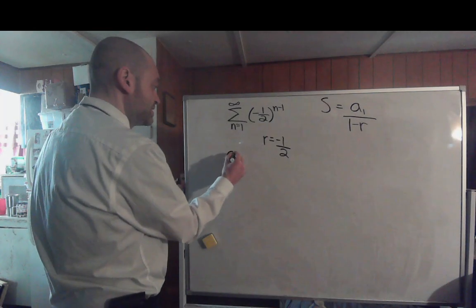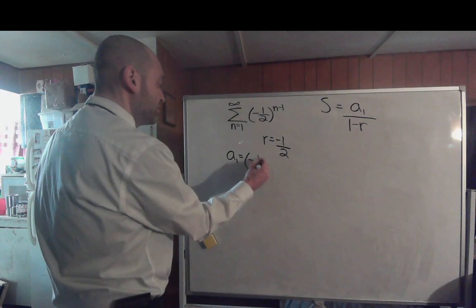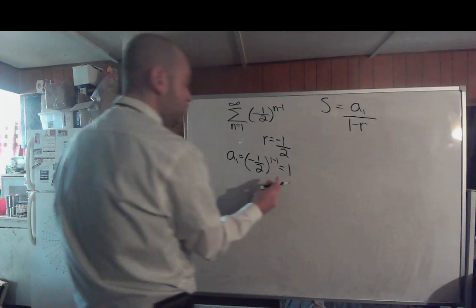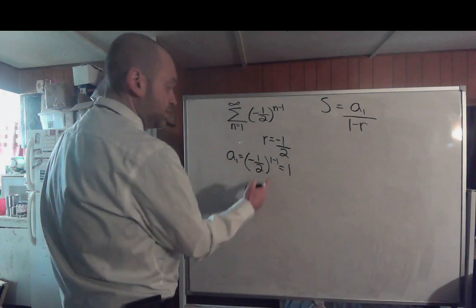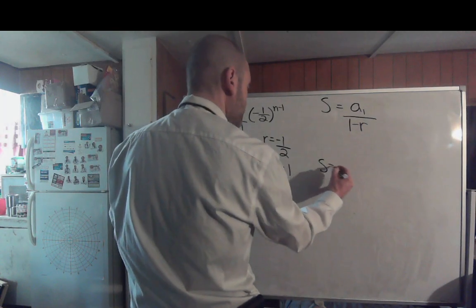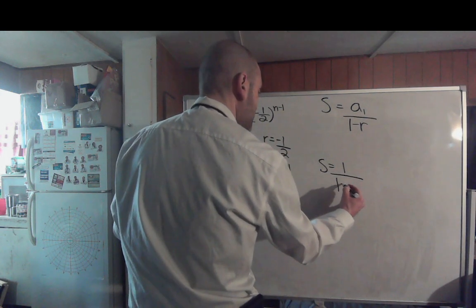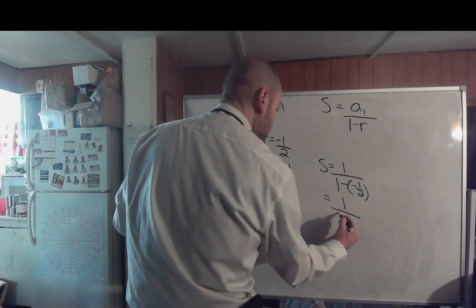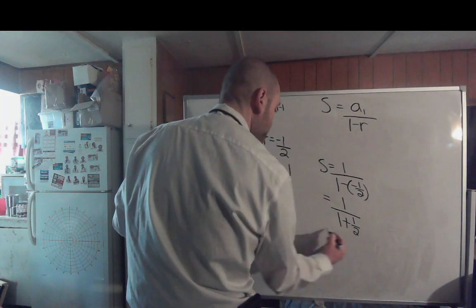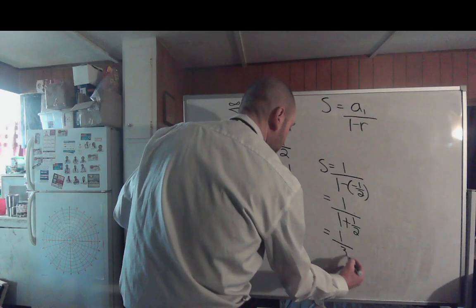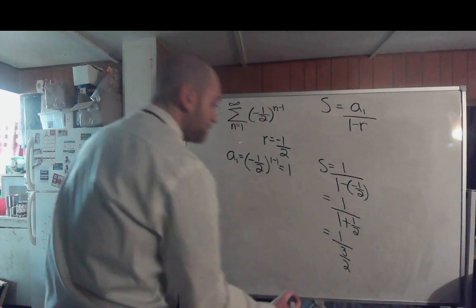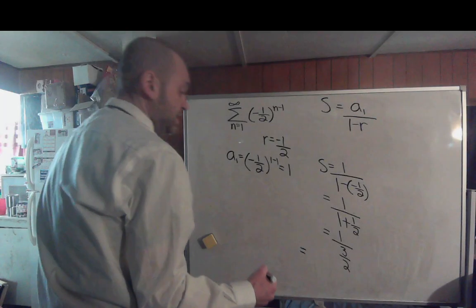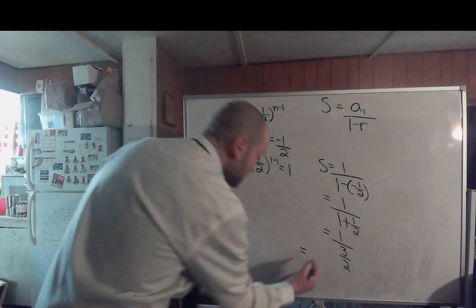Now let's find a sub 1. That's going to be negative 1/2 to the 1 minus 1, which is negative 1/2 to the 0, which is 1. So your first term is 1, so the sum will equal 1 all over 1 minus your common ratio of negative 1/2, which would be 1 all over 1 plus 1/2, which equals 1 over 3/2, which would then have to mean that you'll end up getting 2/3.